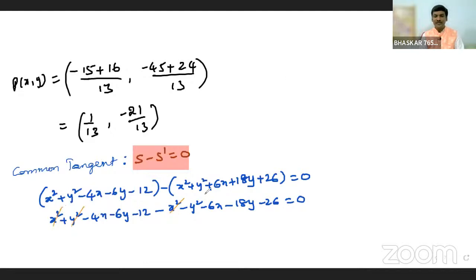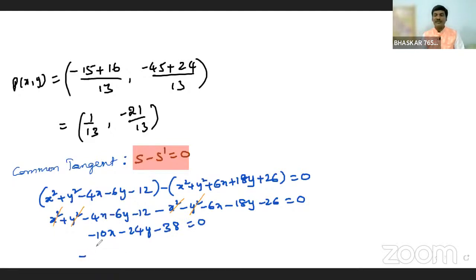Y square also cancels. Any more simplification? Yes. Minus 4x minus 6x is minus 10x. Minus 6y minus 18y is minus 24y. Minus 12 minus 26 is minus 38, is equal to 0. Can we take anything common? Minus 2 is common.